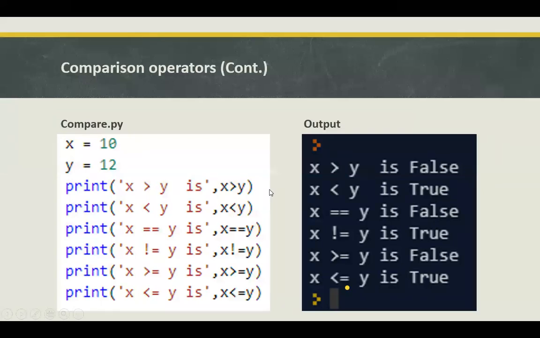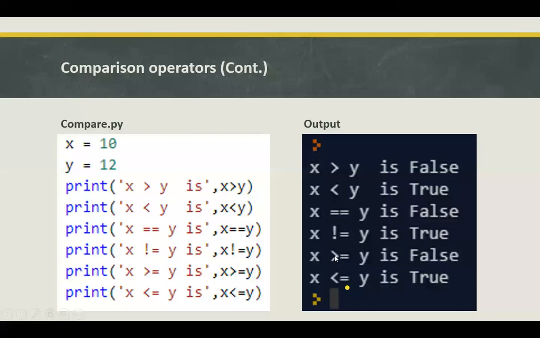Again, no need to implement all these programs because we have less time. Here we are comparing x greater than y. Now x is greater than y, this is false, right? So in the output you will get false because x is not greater than y. x is less than y, so true. x equals y, false. x is not equal to y, that is true.